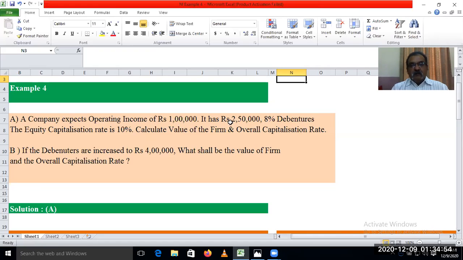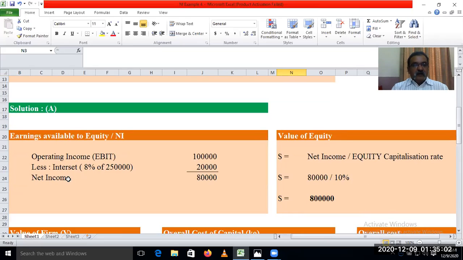Amount of debenture is rupees 2,50,000. Rate of interest is 8%. So amount of interest would be 8% of rupees 2,50,000, that comes to rupees 20,000. You can cross check all these calculations with calculators. So interest amount is 20,000.